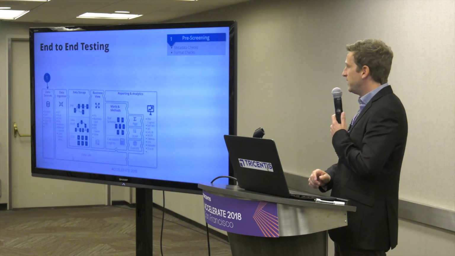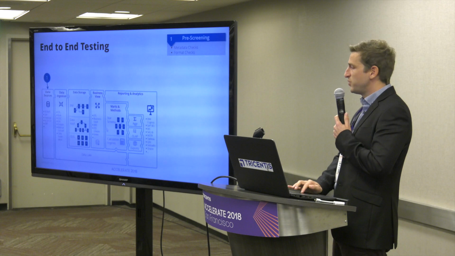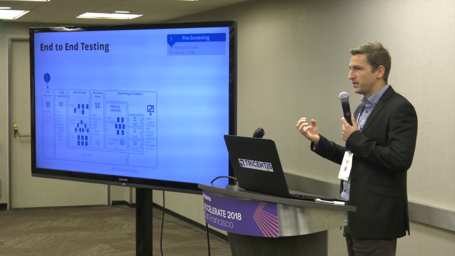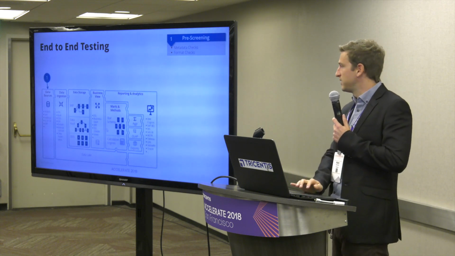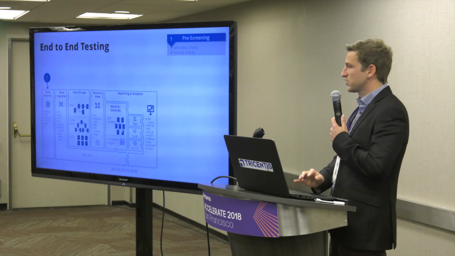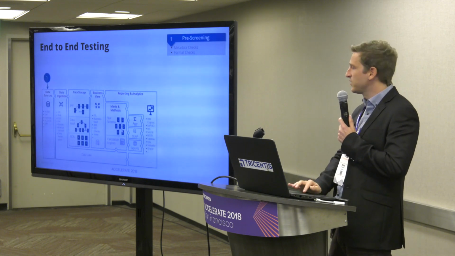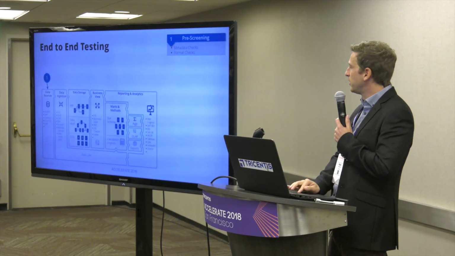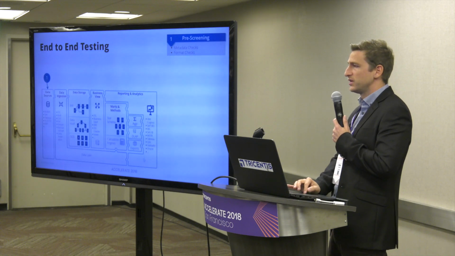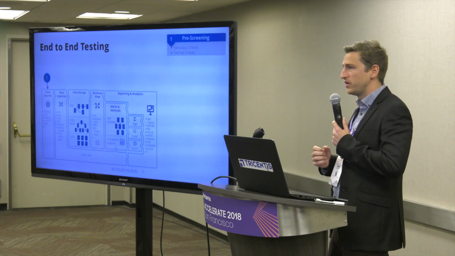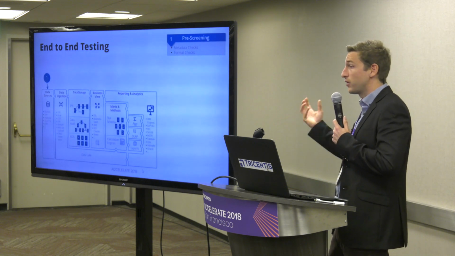In the middle, we have the data storage, business view, that's your core data warehouse, as well as the data mart, an aspect of the data warehouse. And then we have our BI tools at the end. What we want to explore now is how do we test this?